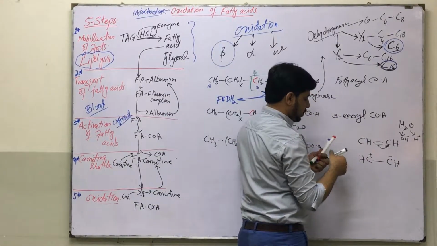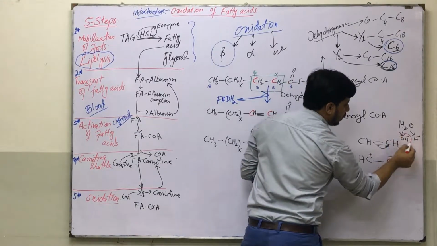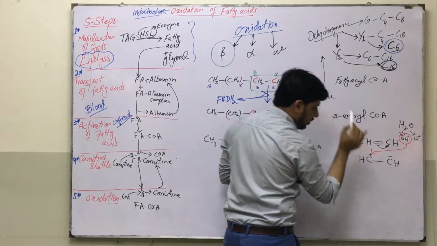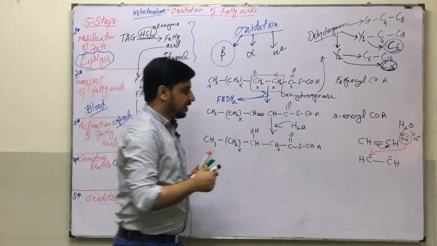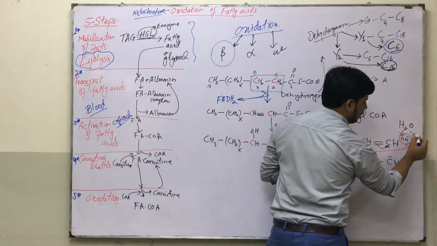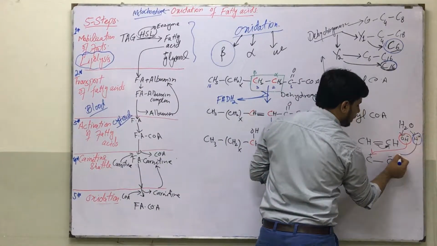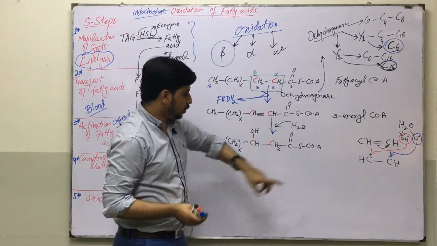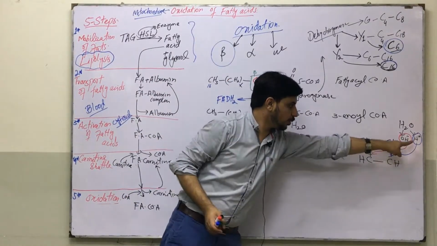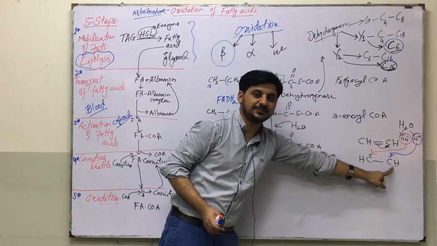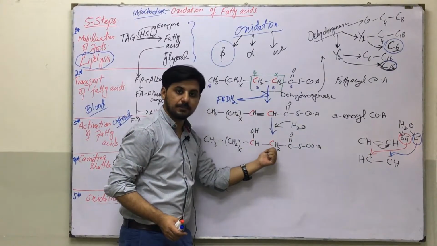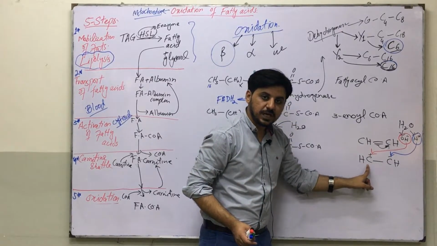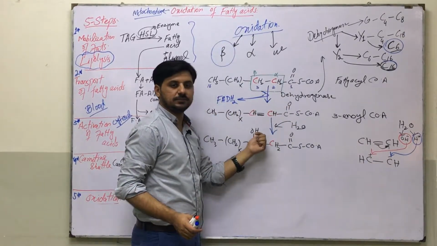Now according to chemistry, the OH in the water, which is negatively charged, will attack this positively charged carbon, and the hydrogen in the water, which is positively charged, will attack the carbon with the negative charge. So you can see in the diagram, one hydrogen will attack the CH and it will be converted into CH2, and when OH attacks this positive CH, it will be converted into CHOH.